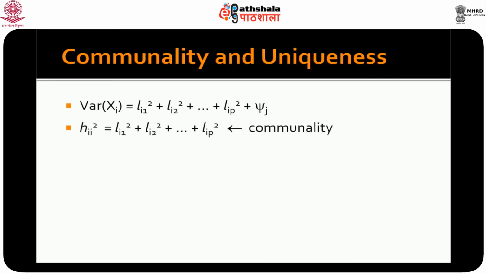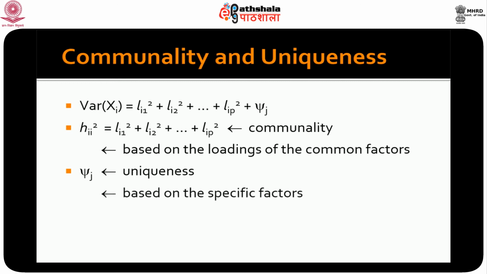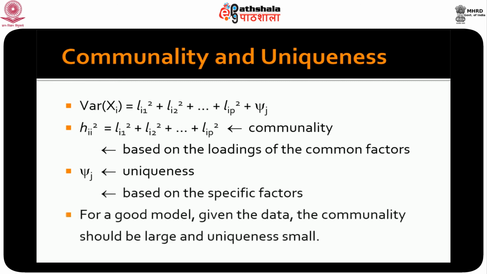Now, what we can see here is that the variance of xi is broken up into two components. One is the component given by the loadings, and the second component is the component coming from the variance of the specific factors. The first component, this sum, is referred to as the communality, and the second component, the psi_i, is referred to as the uniqueness.